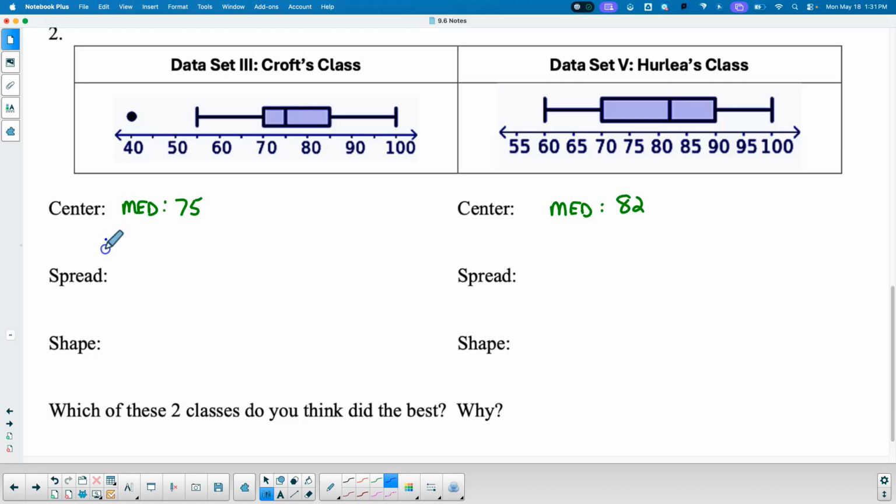Approximate mean. Just take a guess. What do you think? $71, $72-ish, somewhere in that range? Yeah?